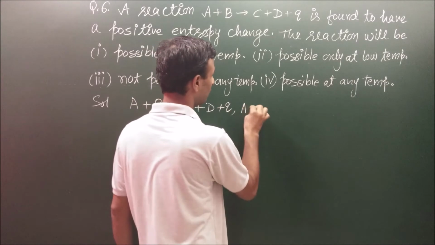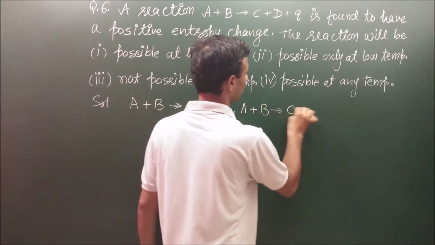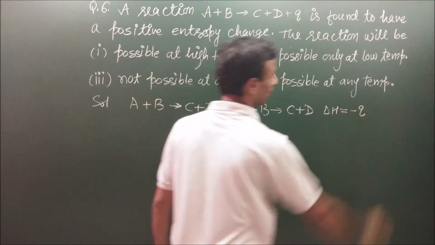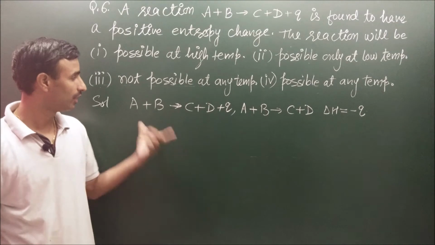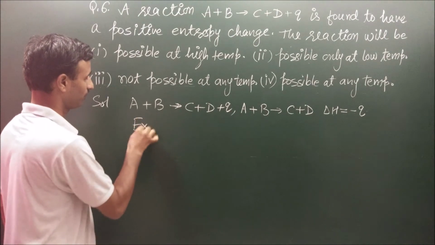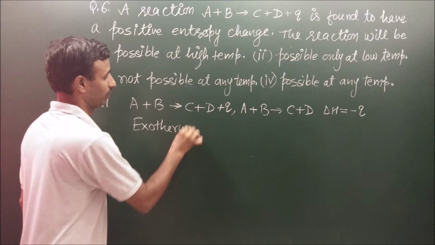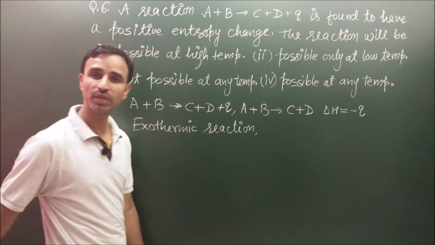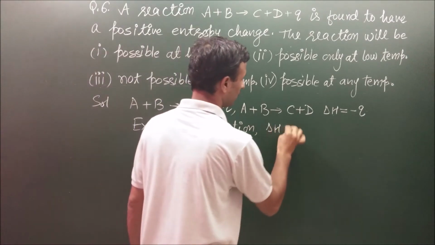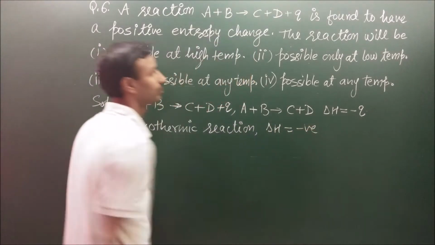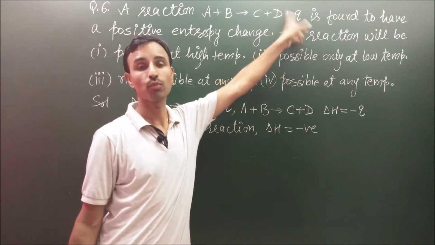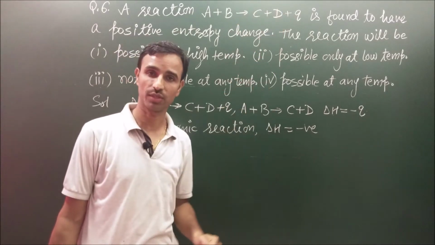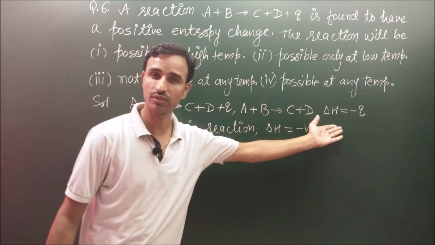It can be written as A plus B to give C plus D, delta H equal to minus Q. That means this is an exothermic reaction where delta H is negative. Plus Q on the product side means the reaction is exothermic because it can be written as this.